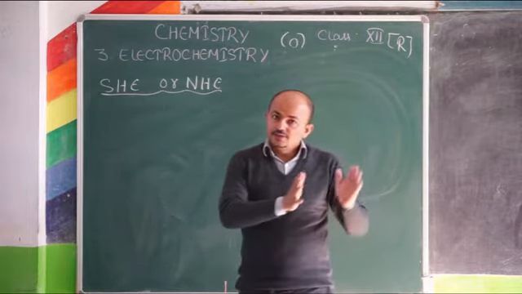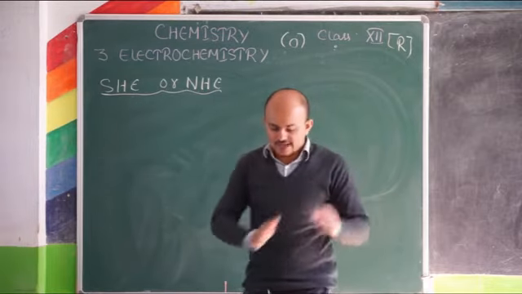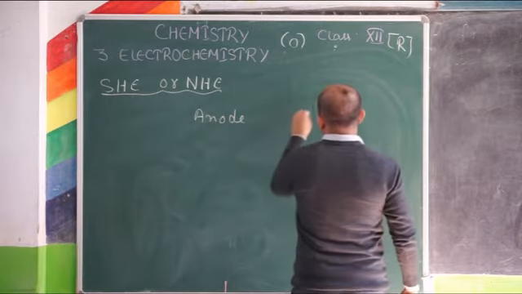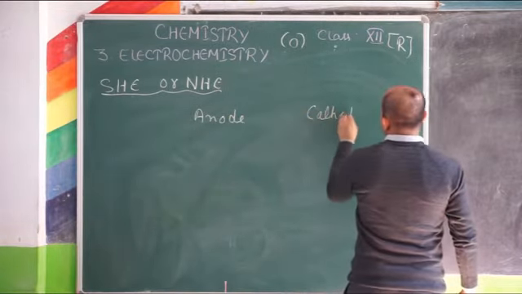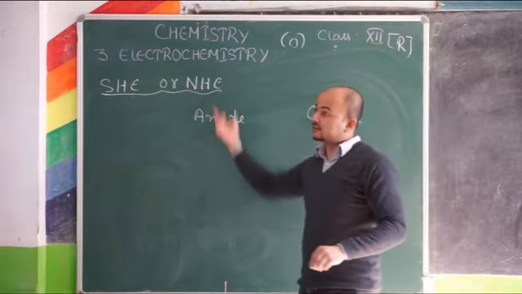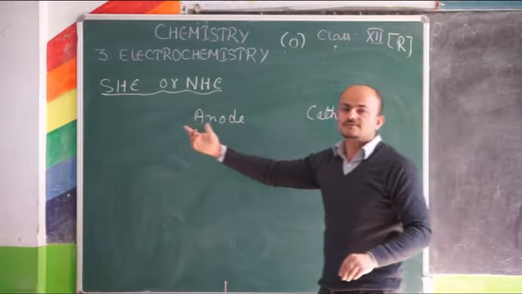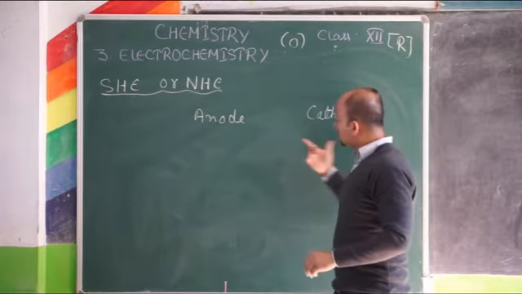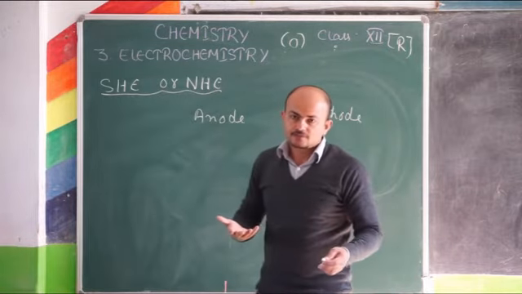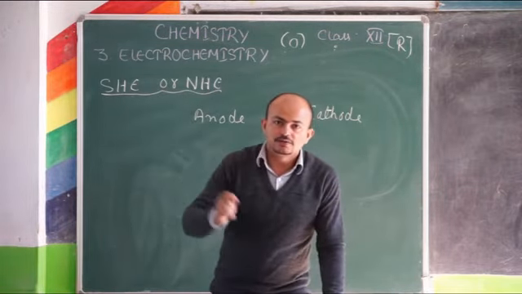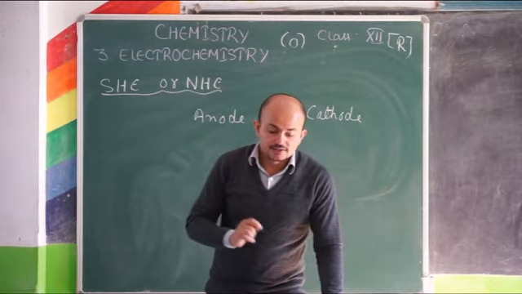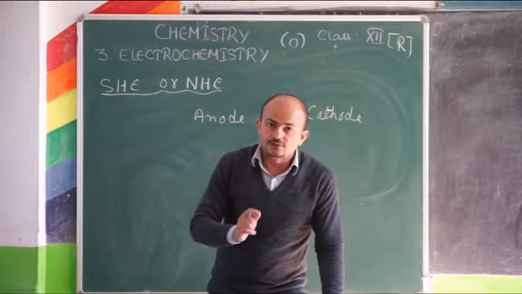By comparing with this standard hydrogen electrode, you have anode and cathode. This hydrogen electrode has to be kept as the standard, and the other half cell potential will be compared with it. It might have a positive potential value or a negative potential value. This is very important.